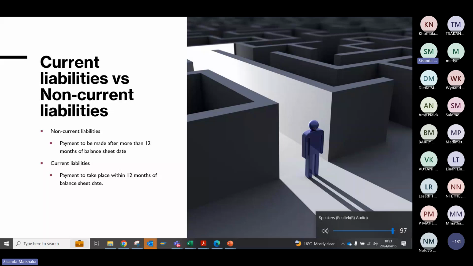In other words, if our statement of financial position date is, let's say, the end of December 2024, that liability will only be settled after December 2025. So that portion will be referred to as a non-current liability. You will only be settling that obligation after 12 months of the balance sheet date, and then vice versa for a current liability.